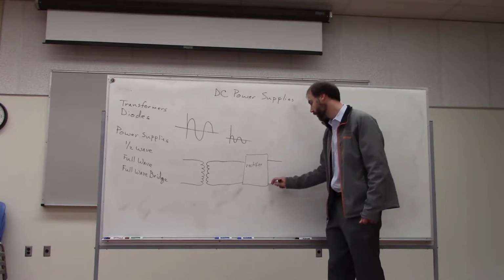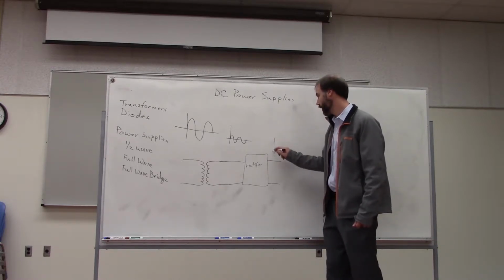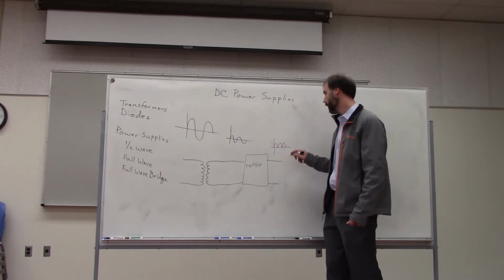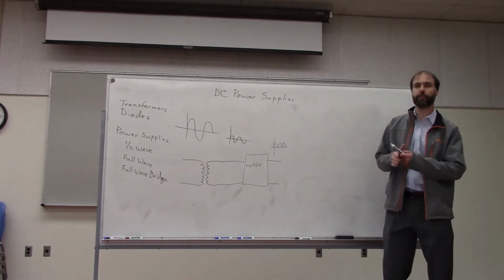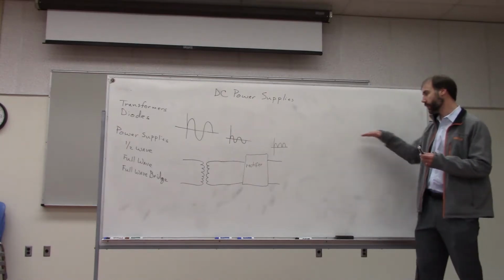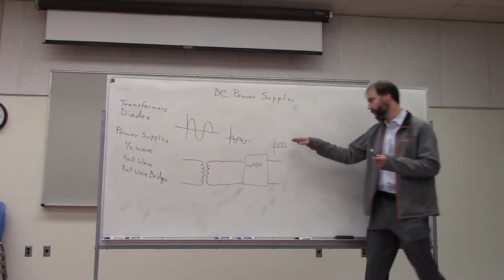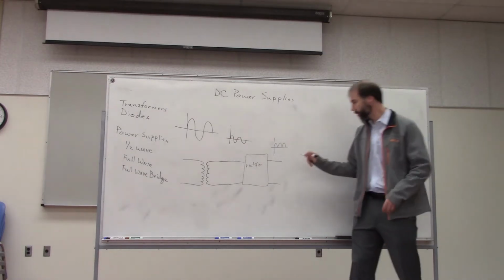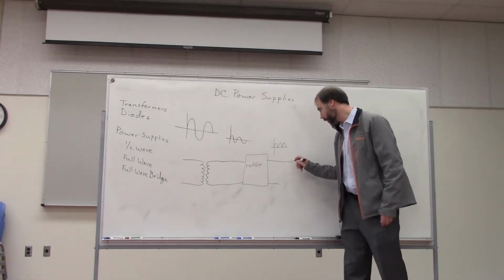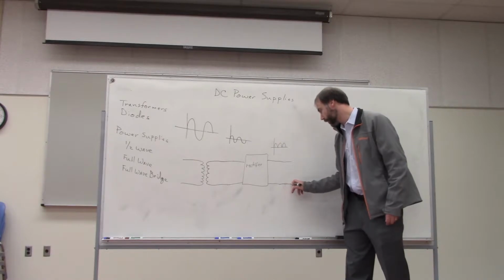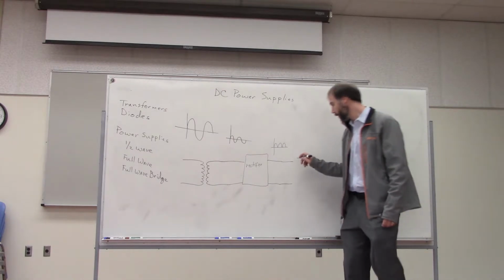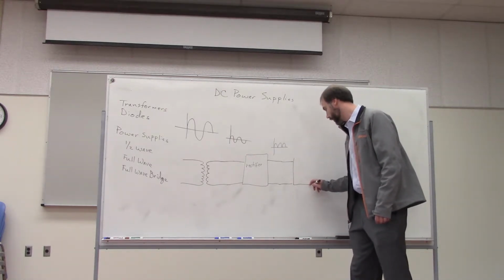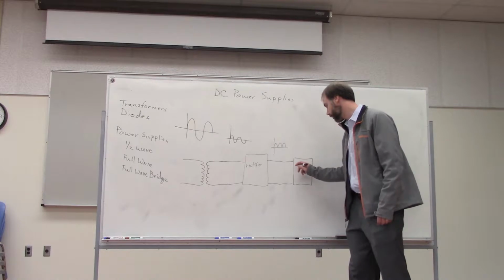The rectifier creates a signal which is only positive. Now, the signal still is really bumpy, right? Remember, our DC signal is nice and flat. So we're not there yet, but we're getting closer, right? So we want to make this signal a little bit flatter so that it looks more like the nice smooth DC that we're going for. So the next component that we usually put in is something called a filter.